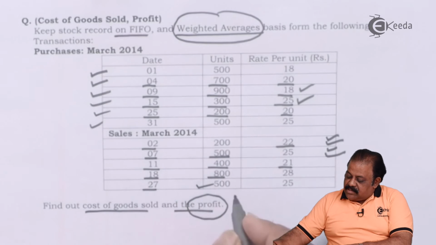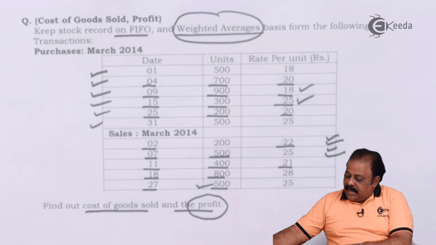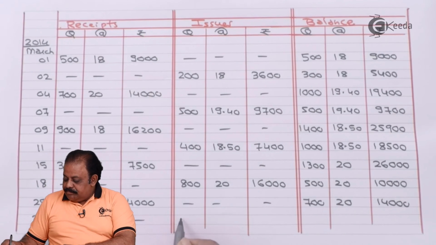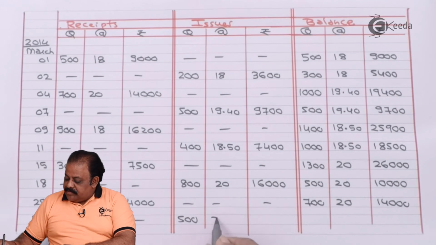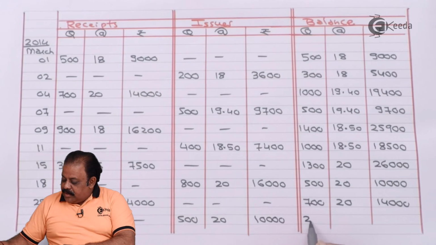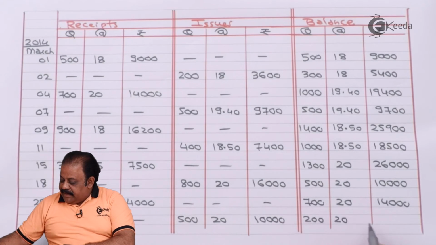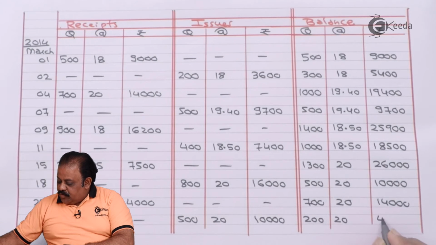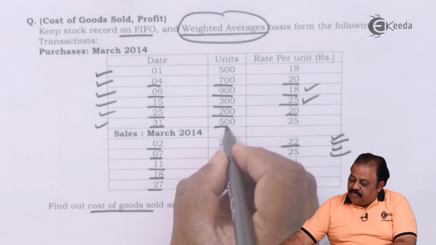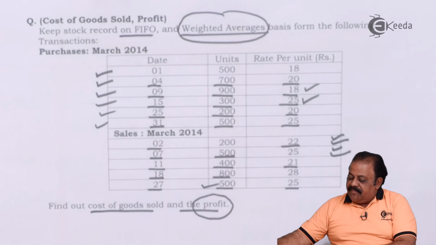On 27th there is a sale of 500 units at the rate of 25. Cost 20 rupees. Value 10,000. Balance 200 units at the rate of 20. Value 4,000. On 31st there is purchase of 500 units at the rate of 25.